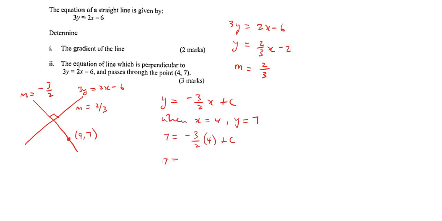Therefore, 7 is equal to minus 6 plus c. Therefore, c is equal to 7 plus 6. Therefore, c is equal to 13. So therefore, the equation becomes y is equal to minus 3/2 x plus 13. Okay.